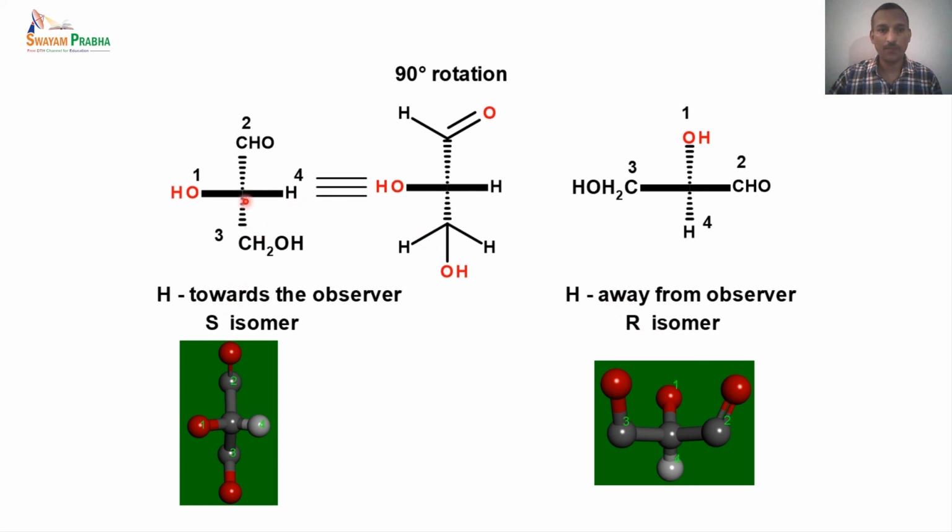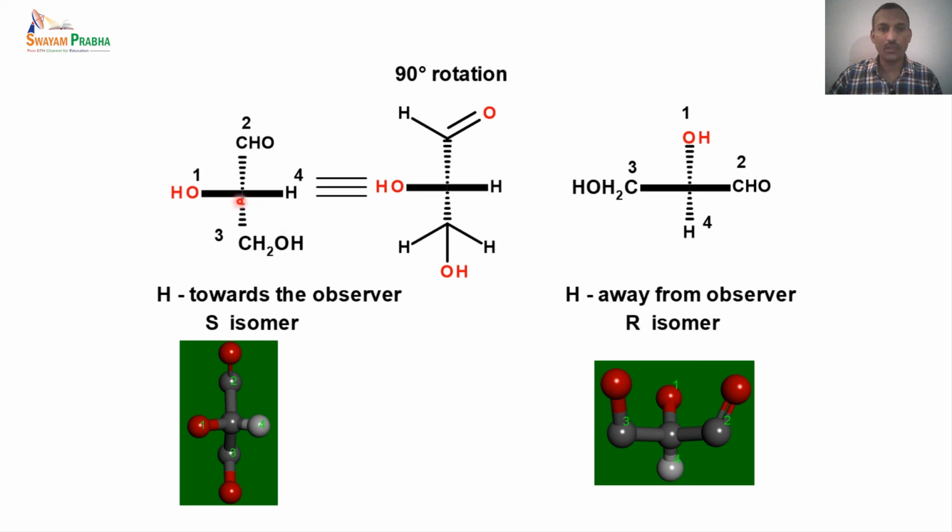So in effect, the first compound has an S configuration at the chiral center. On 90-degree rotation, that leads to the R isomer. In other words, whenever you do a 90-degree rotation, you have to assign the opposite configuration to the chiral center.